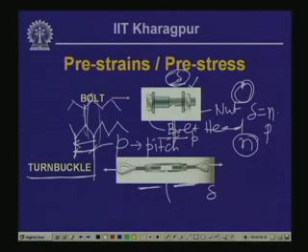So, with one complete turn of the turnbuckle, we have two movements, which is equal to 2 times p. So, if we rotate the turnbuckle n times, then the total movement we expect of the threaded part is equal to twice n times p. So, in the case of a turnbuckle, the deformation delta of the threaded part is equal to twice n times p.